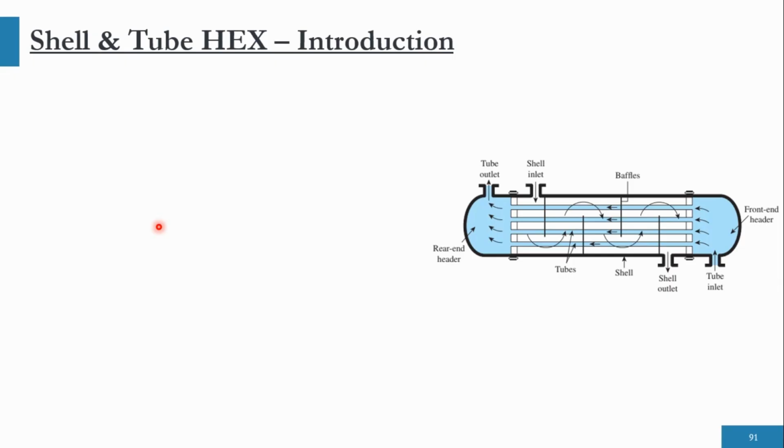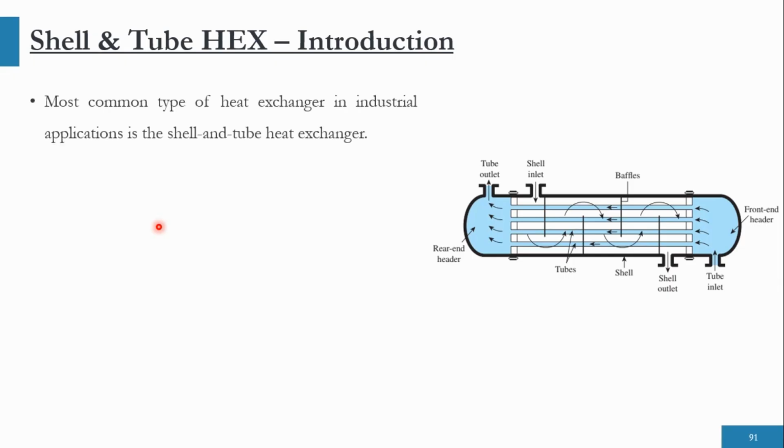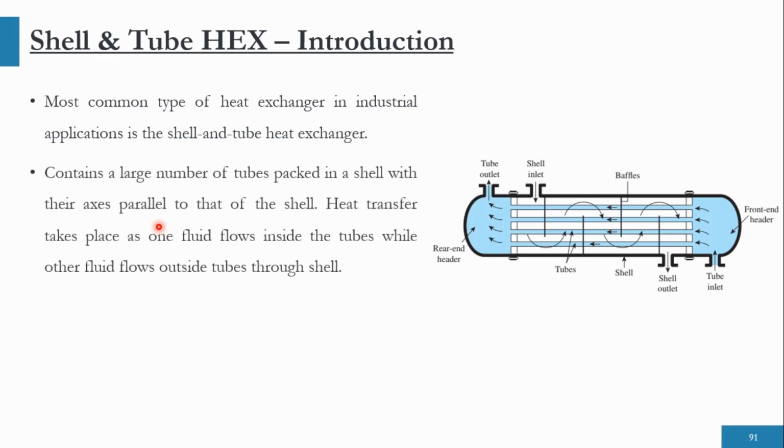So coming to the introduction of shell and tube heat exchanger, that is the most common type of heat exchanger which is used in industrial practices or industrial applications. If you go to the refinery, you go to any chemical process, you will most likely see shell and tube heat exchanger over there.